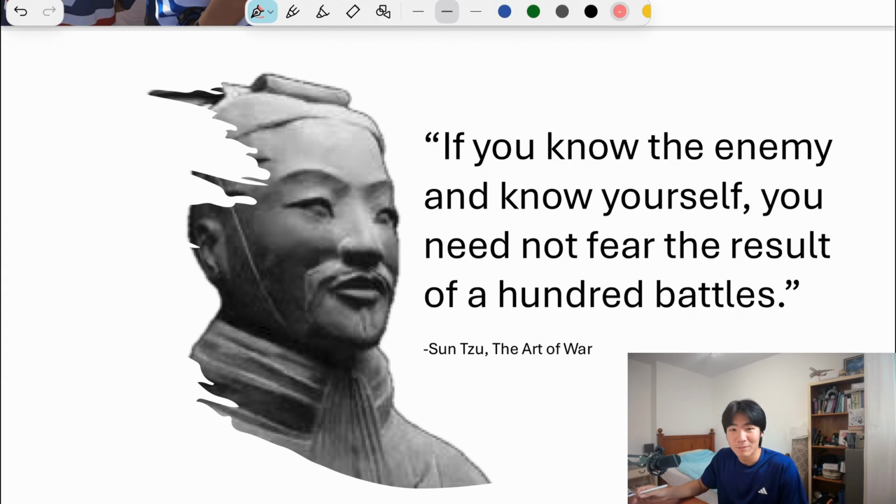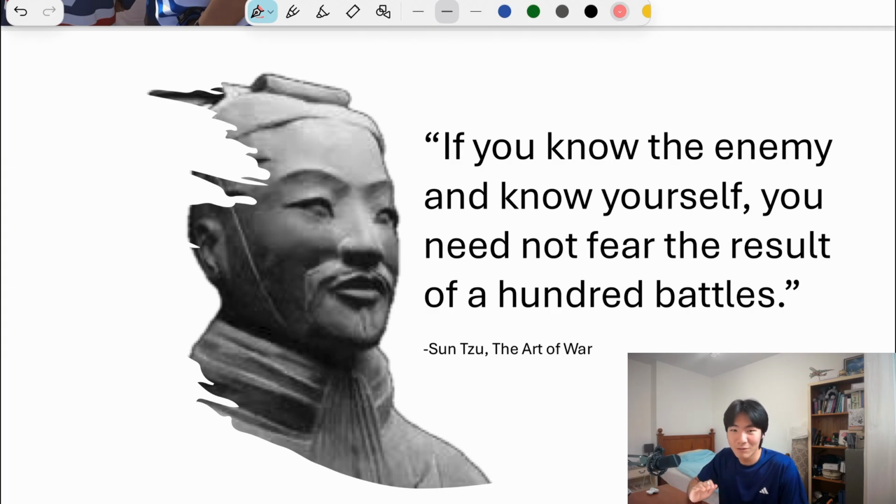The reason why I put this quote is that if you know what your weaknesses are and what the exam covers, you can work on yourself to become better in your weaknesses in order to take hundreds of exams, right?